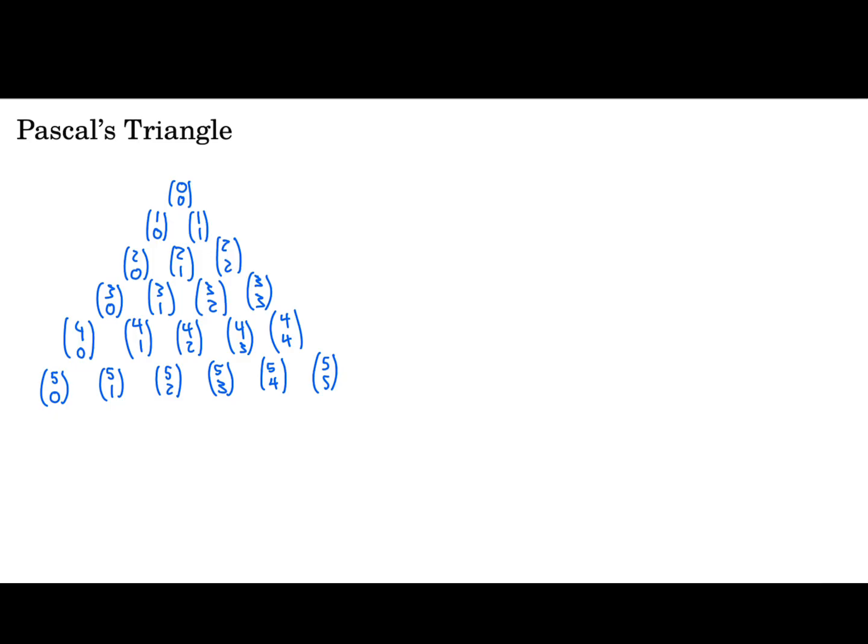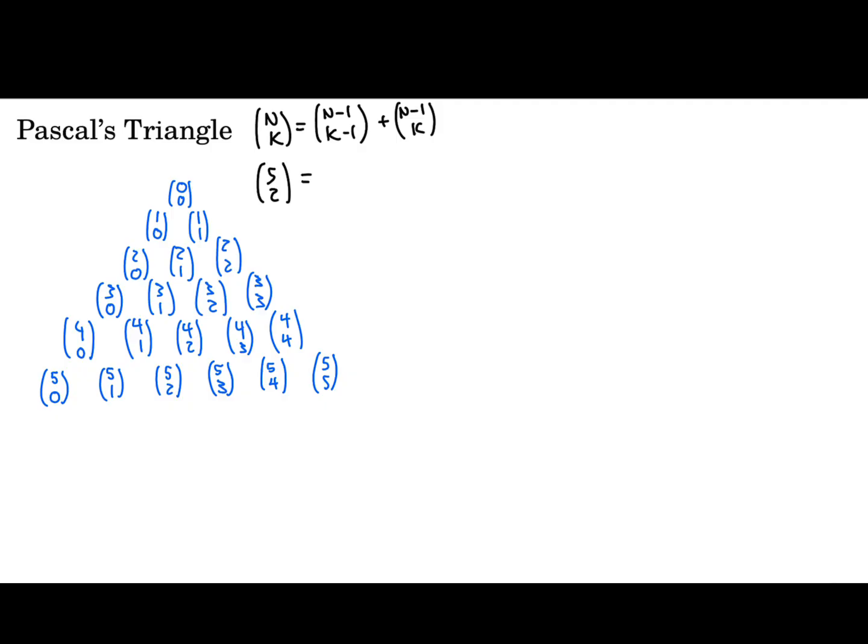So for example, we saw Pascal's identity. And what did Pascal's identity say? It said that n choose k is equal to n minus 1 choose k minus 1 plus n minus 1 choose k. And what this means is, for example, let's say you want to compute 5 choose 2.